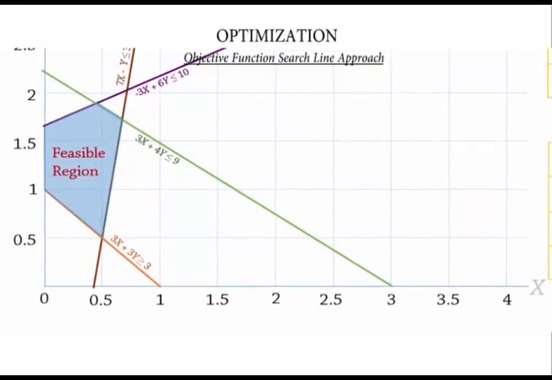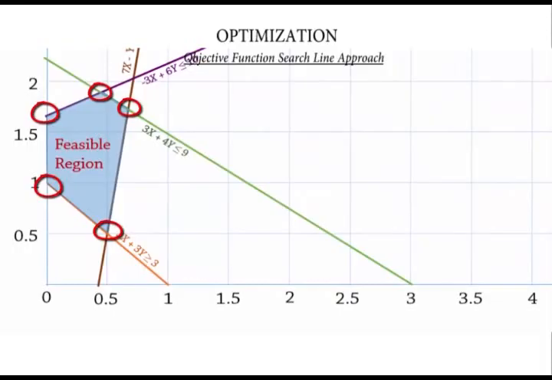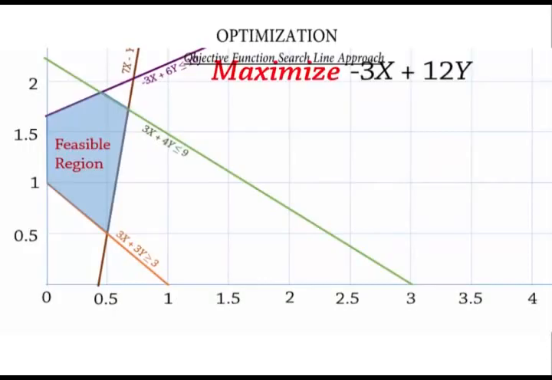To determine which of these extreme points is the maximum, we draw a search line. We want to maximize negative 3x plus 12y. We equate it to a k, which is the LCM of 3 and 12. That will be 12. So we have minus 3x plus 12y is equal to 12.